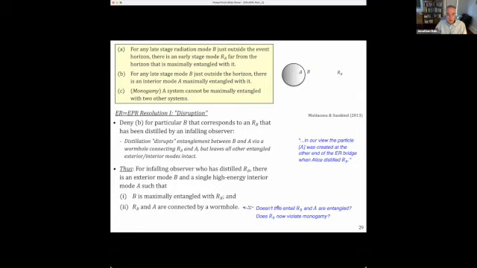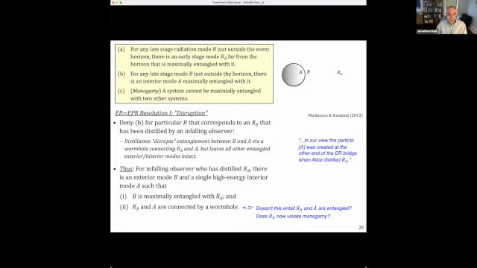And now the threat of monogamy arises again in this context, not for the mode B, but now for the mode RB. Right? Now there's a risk that RB is maximally entangled with two other modes, B and A. So this is the disruption version of the ER equals EPR resolution.